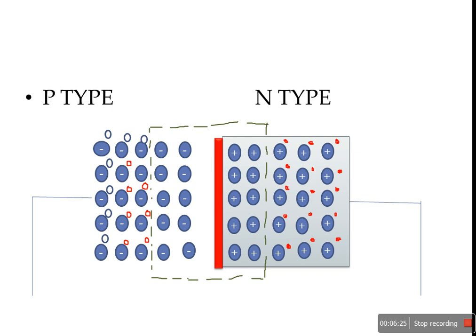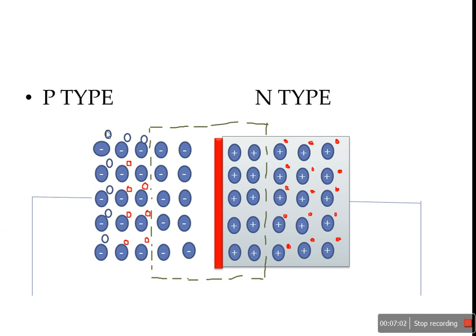So here the depletion region does not have any mobile charges. Mobile charges are nothing but the electrons and holes. The depletion region does not have any mobile charges, because the holes recombine with the electrons and the electrons recombine with the holes and the pair disappears. So the depletion region has no holes and electrons, but it has immobile charges in the form of negative acceptor ions and positive donor ions.